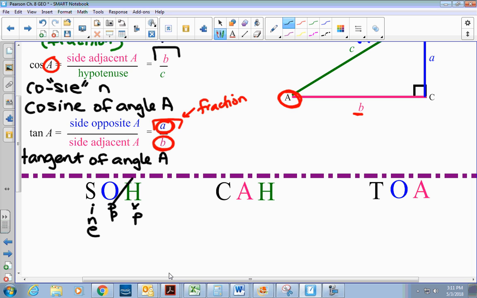CAH is cosine equals adjacent over hypotenuse. And TOA is tan equals opposite over adjacent.